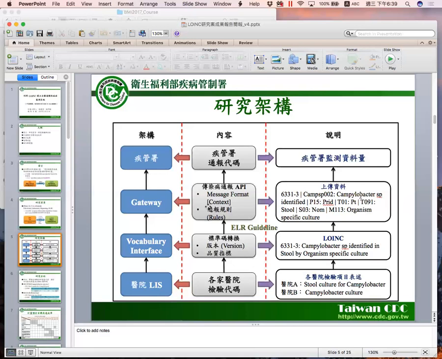But actually, you can imagine there are still, I think, more than 1,000. Even after we remove those not frequently used, they still have more than 1,000 LOINC codes that you need to know which one is the best one for mapping.